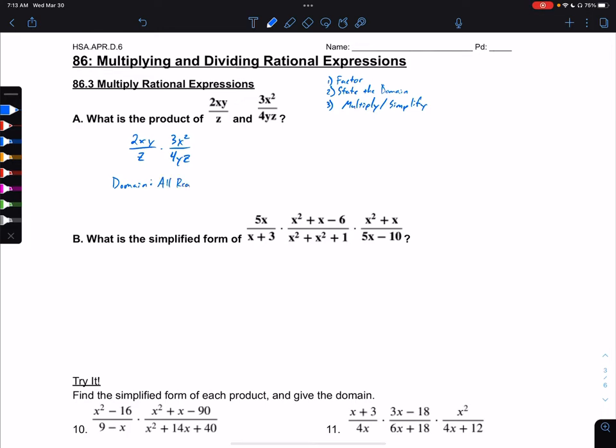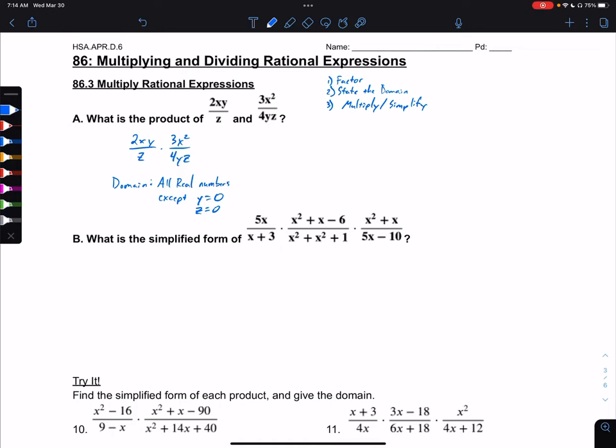But we're going to say all real numbers, except we do have a z and we do have a y. So z cannot be equal to 0, and y also cannot be equal to 0. So those are our exceptions. There's no addition or subtraction. Since it's all multiplication, you really just can't have a 0 in there.